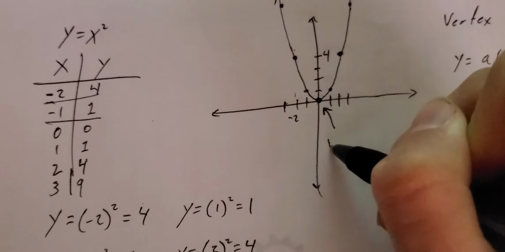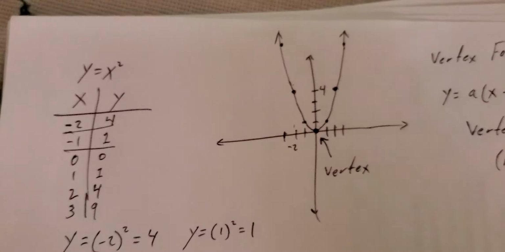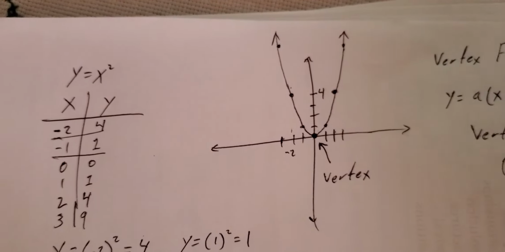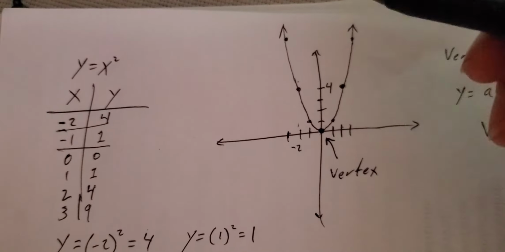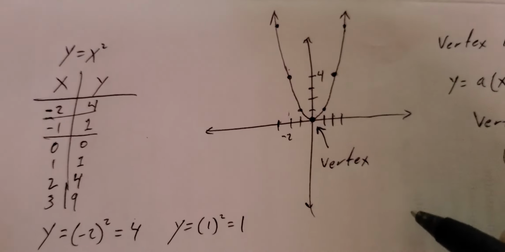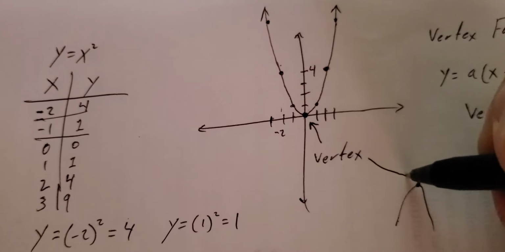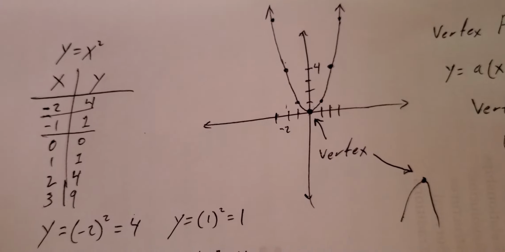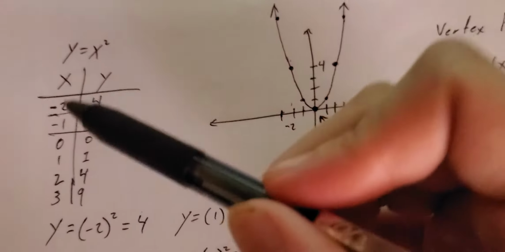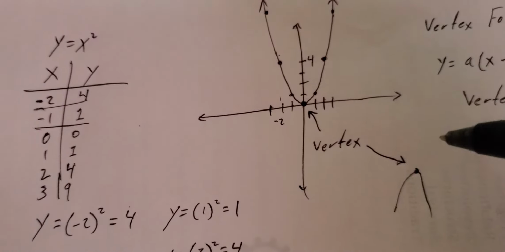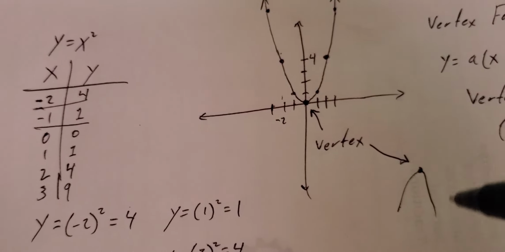It's either the lowest part of the graph or the highest part of the graph. This will be the lowest because it's an upside up graph. If I had an upside down graph, this would be my vertex point. When graphing, look for values to the left and to the right of this point, and you should get a U-shaped parabola.